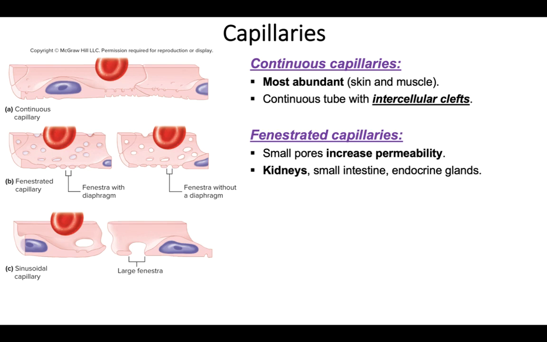If we need more permeability, so we need to get more things out of your blood or into the blood, we might use what's called a fenestrated capillary. A fenestration is a hole. So notice the endothelial cells have these little holes in there. That allows a higher amount of movement in or out of the capillary.